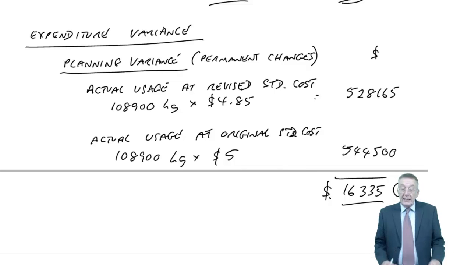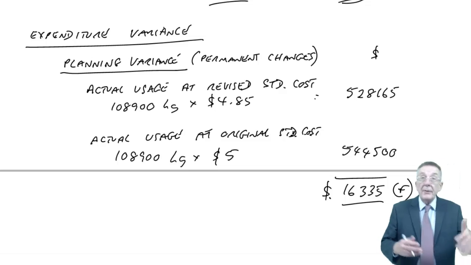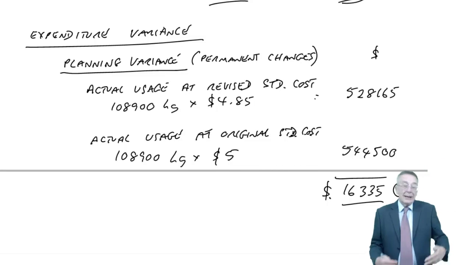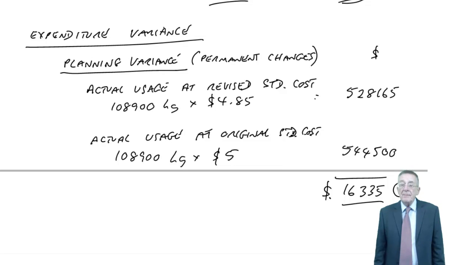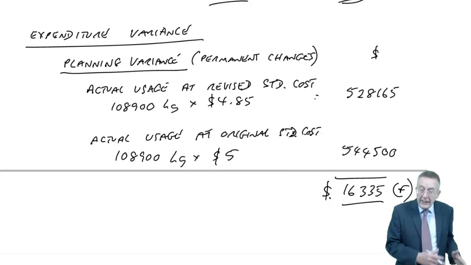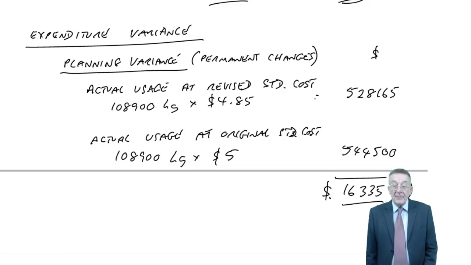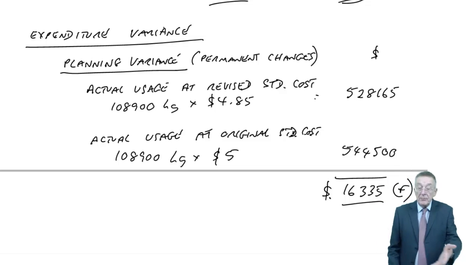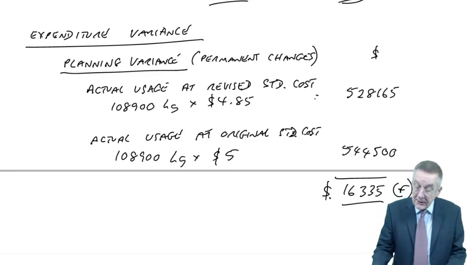So we've saved 16,000 as a result of either the price went down or we changed our plans, we bought different material. But that's separate from has the manager performed well. So that's what we should have spent at $4.85. Well, now let's check on the manager. The manager responsible should have been paying $4.85. Have they paid more? Have they paid less?